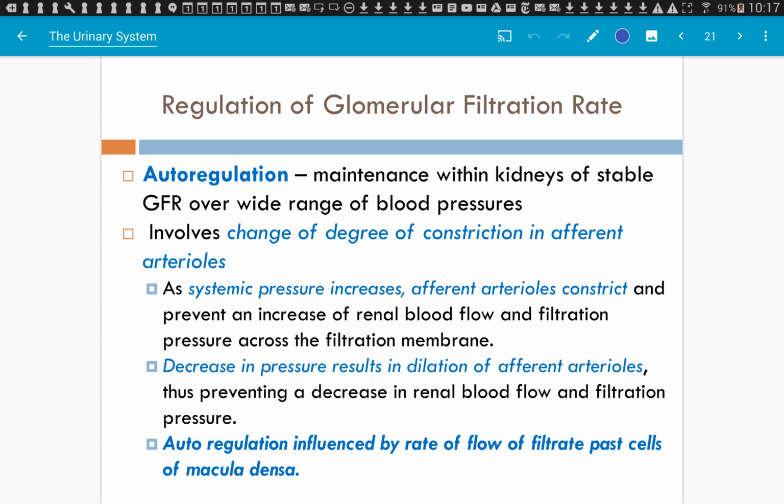Okay, and the way that is done is with that juxtaglomerular apparatus, which is right by that afferent arteriole. And so it can constrict or relax, which helps control the pressure of blood coming in. So that is how it adjusts for changes in blood pressure, for example.